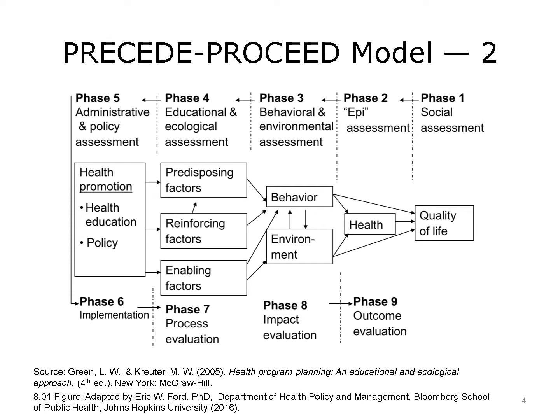Phase 4 is the educational and ecological assessment. So we'll actually look around in the environment for what are the predisposing factors to given behaviors, reinforcing factors, and enabling factors. Again, we are primarily focused on the environment in this step. Hence, the ecological component.